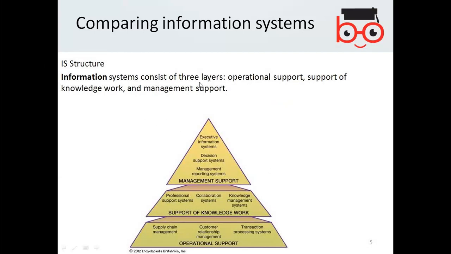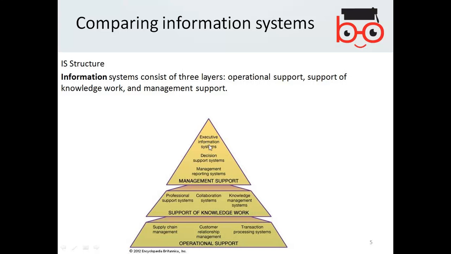The structure. The information systems consist of 3 layers: operational support, support of knowledge work, and management support. The operational support may be limited to supply chain management, customer relationship management, transaction processing systems. The next level could be support of knowledge work, like professional support systems, collaboration systems, knowledge management systems.